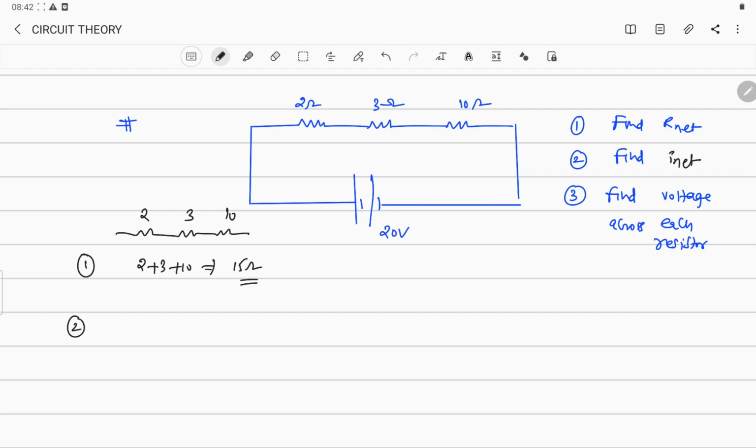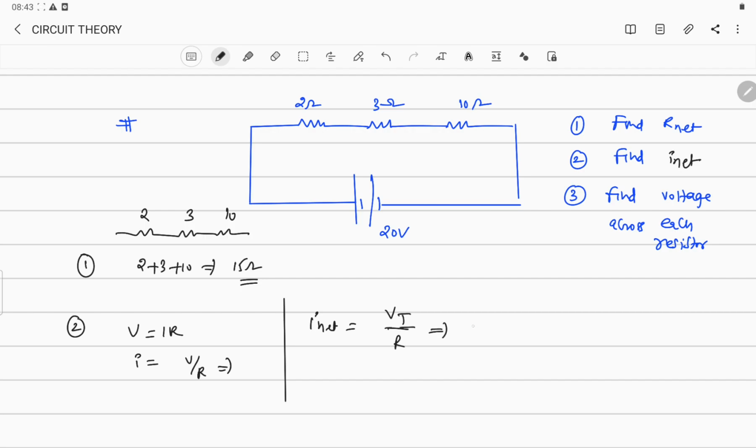The second question is what is the I net? To calculate I net we use total voltage divided by total resistance. From Ohm's law we know that V equals IR, so I can be written as V by R. As we need to calculate the total current, we name it I net, which is always total voltage by total resistance.